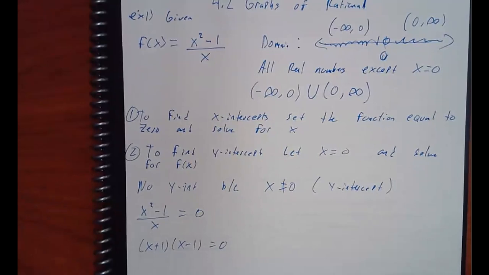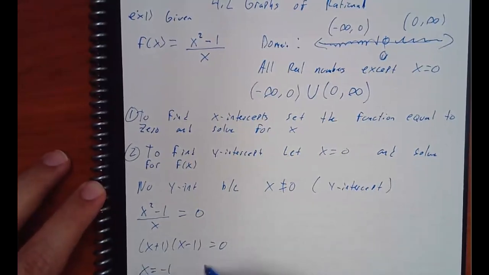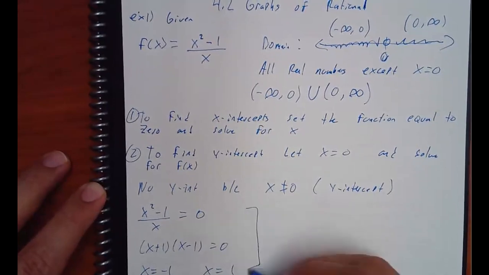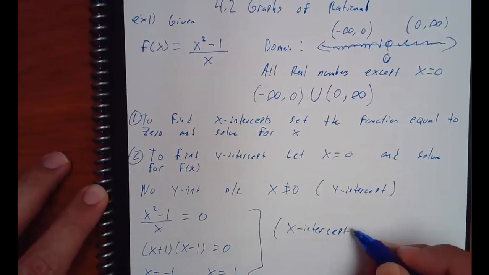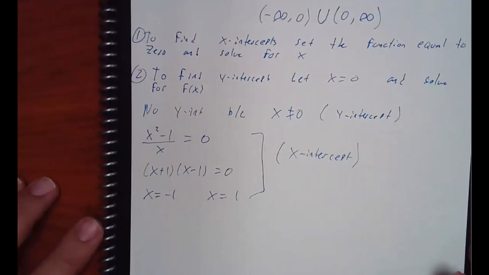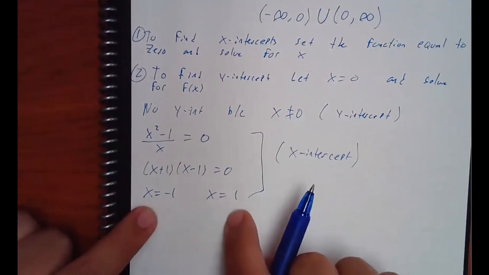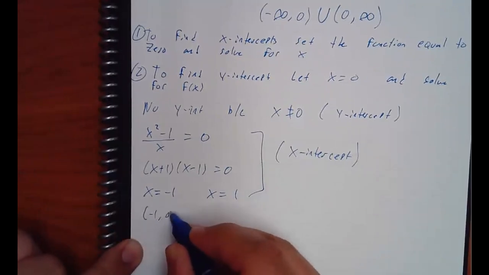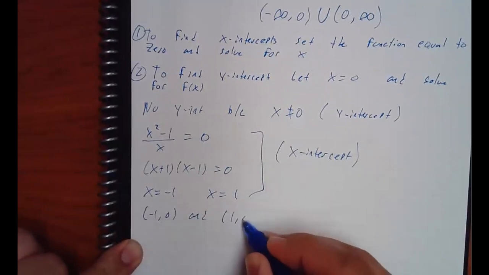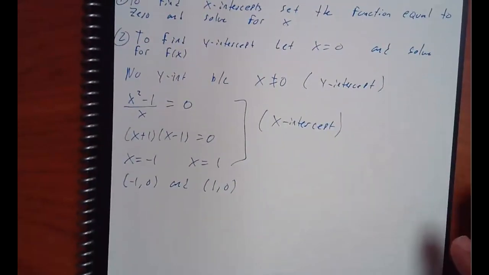The bottom will make no difference. So x will equal -1 and x will equal 1. So these will be the x-intercepts. But as points, these are written as -1, 0 and 1, 0, because intercepts are actual locations, they're coordinates.